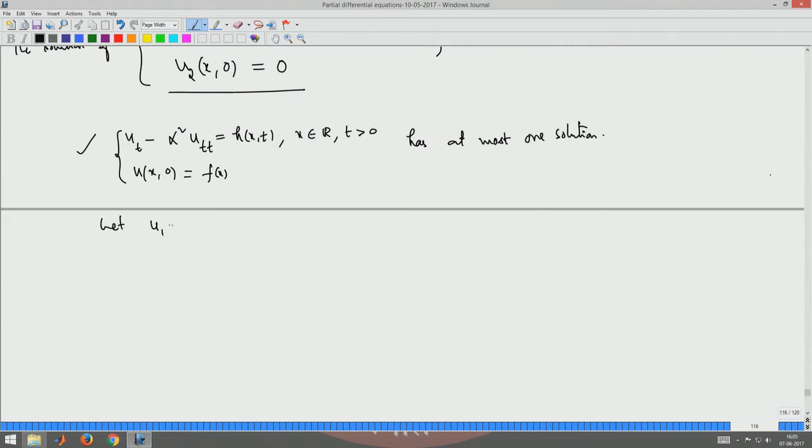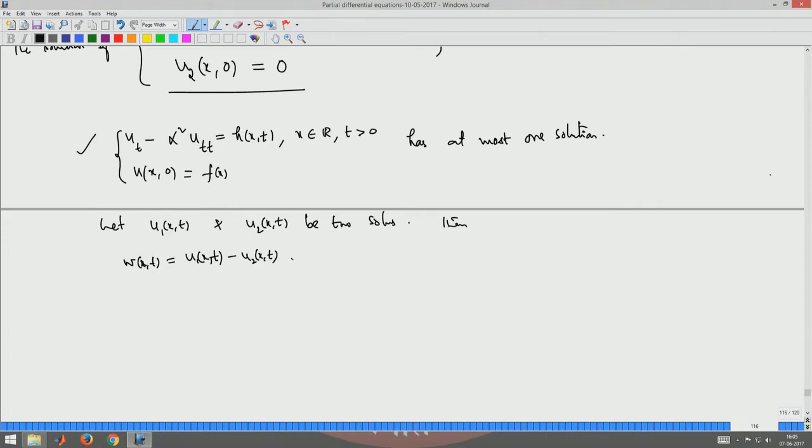Let u1(x,t) and u2(x,t) be two solutions, and then as usual you consider w(x,t) as u1(x,t) minus u2(x,t).